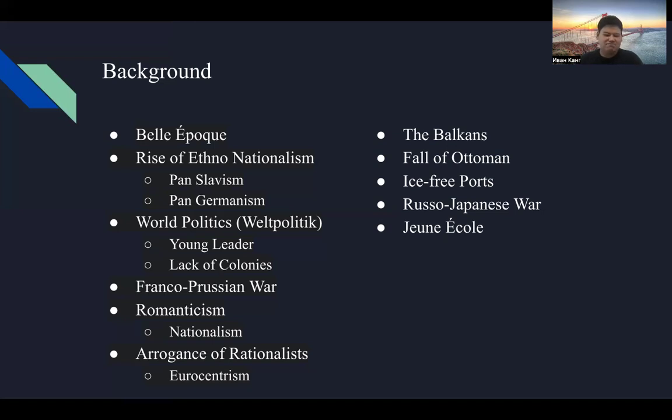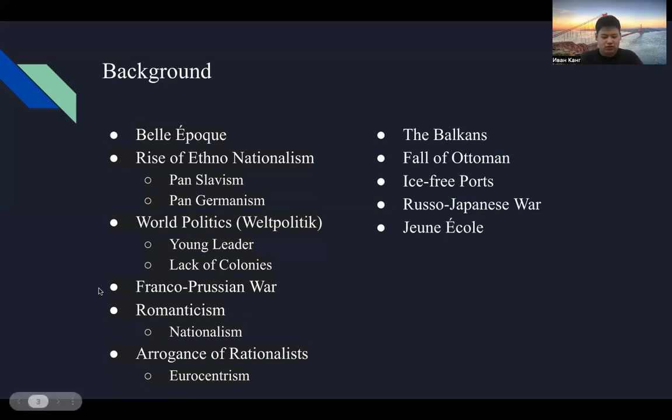And Germany didn't really have any colonies because the Prussians had united Germany only a short time before, and they didn't really have the power to gain colonies overseas. So they had to seek some market that they could sell their products to, which is usually a colony. And the Franco-Prussian War has a lot to do with this, because of it the French and the Prussians, or the Germans, didn't really like each other. So that's about it.